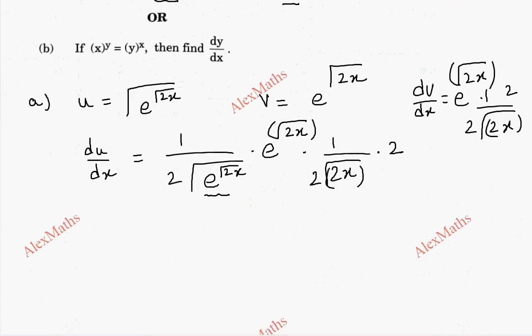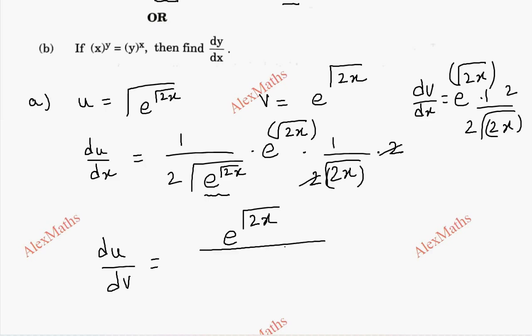So to get du by dv, we have to divide this entire thing by dv by dx. So here we can cancel these two, then e power root of 2x whole divided by 2 root e power root 2x and root 2x. We are going to divide by this, so here we can cancel this one.